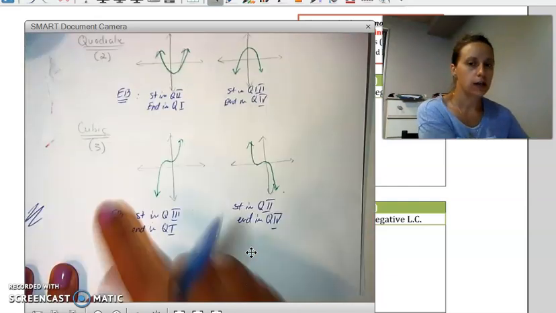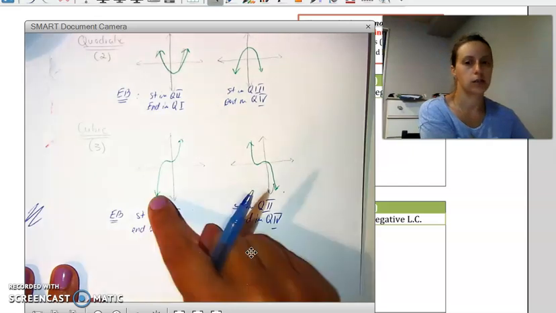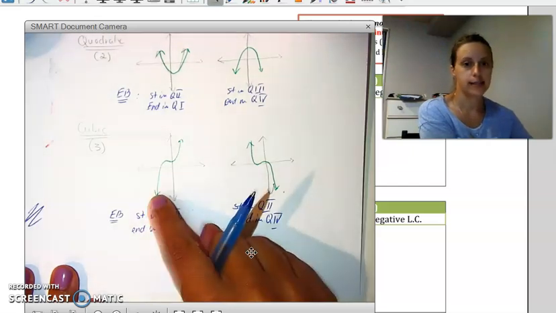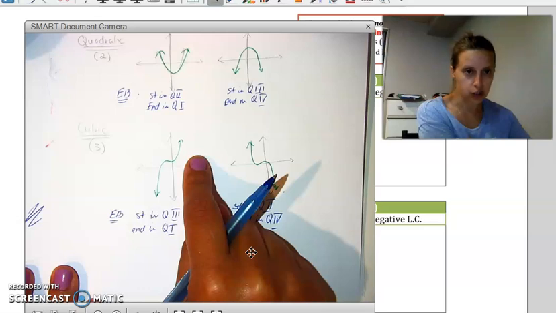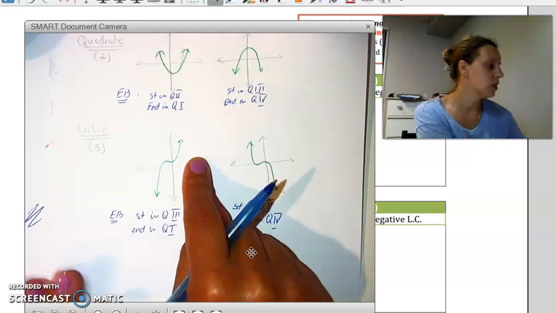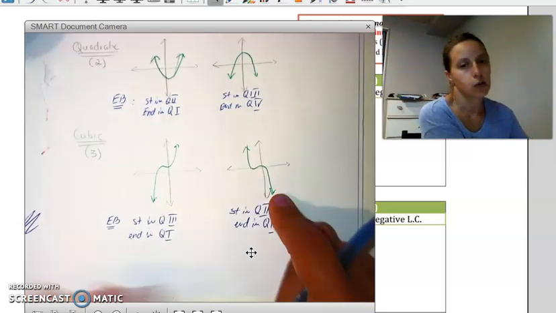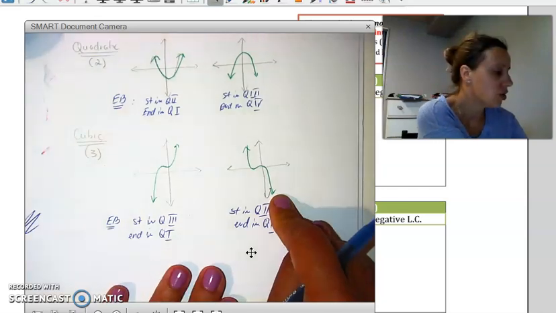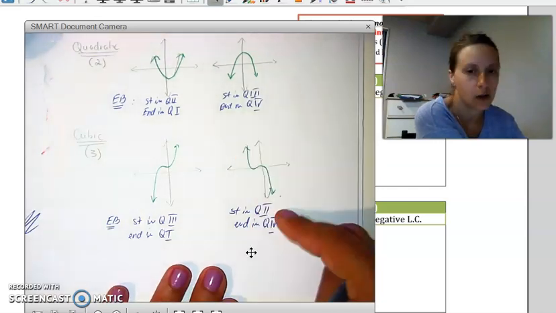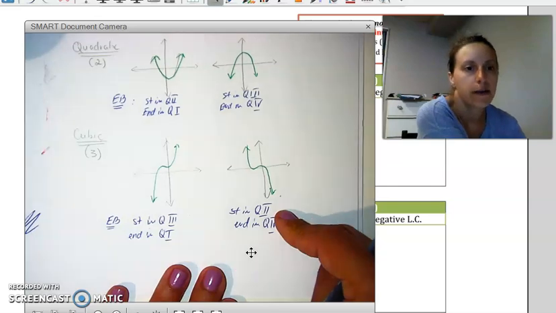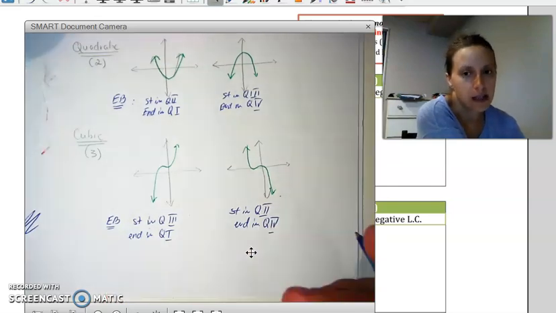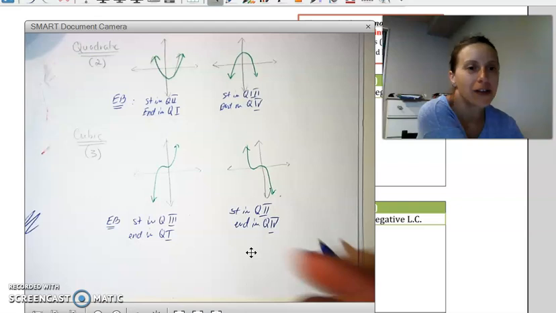And if it's cubic, starts in quadrant 3, ends in quadrant 1, just like the linear function with the positive leading coefficient. And this one, it's a cubic with a negative leading coefficient, starts in quadrant 2 and ends in quadrant 4.